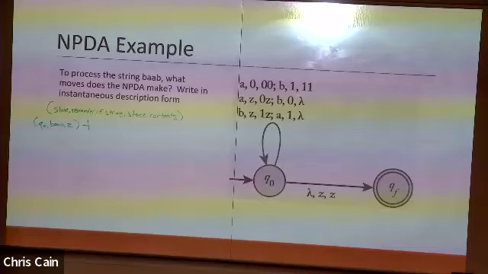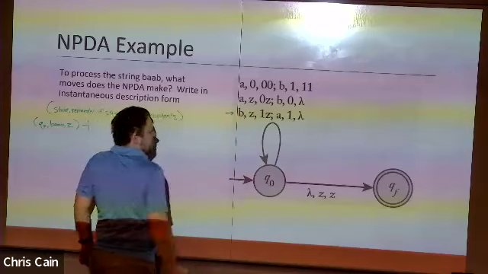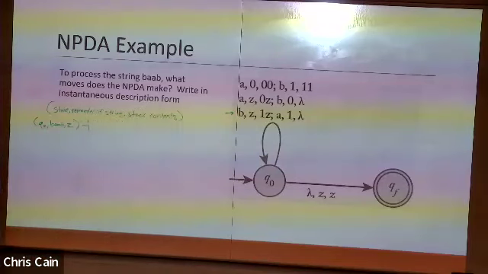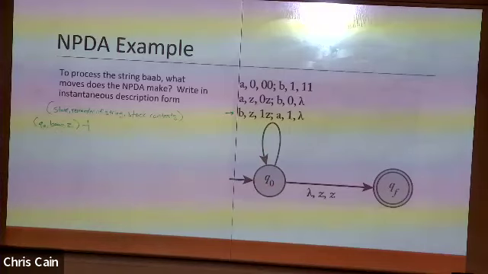Third row, first. Yes, that one. So we're going to read a B in our string. The bottom of stack symbol is a Z, so we are going to replace the Z with 1Z. So there's a 1 on top of the Z on the stack.